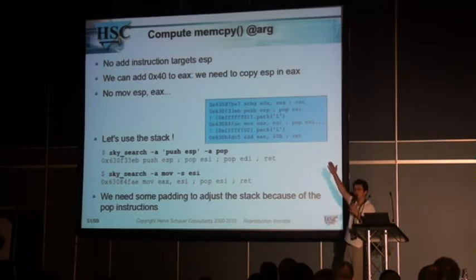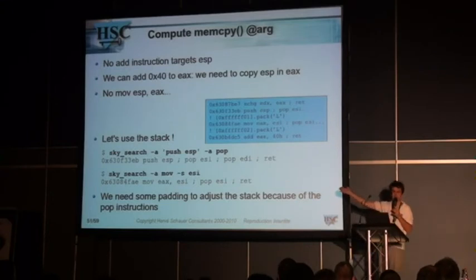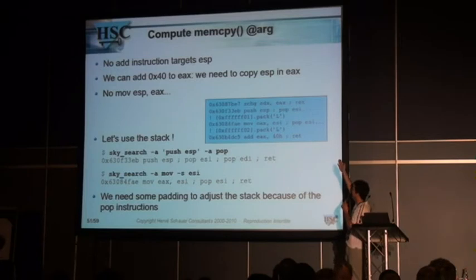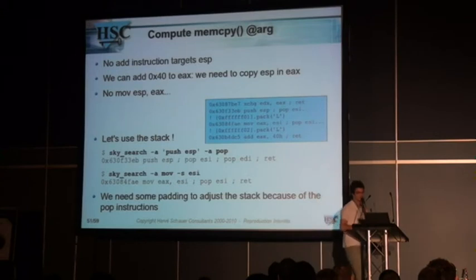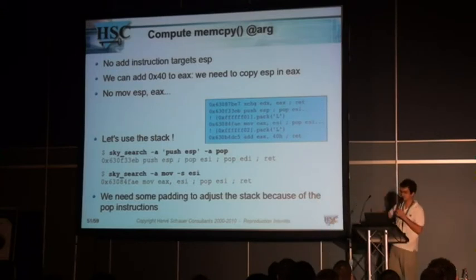Of course, if we can't write this gadget directly, we need to put some junk, some padding between the instructions, since there is some parasite pop which will decrease the stack. In fact, increase the ESP value.